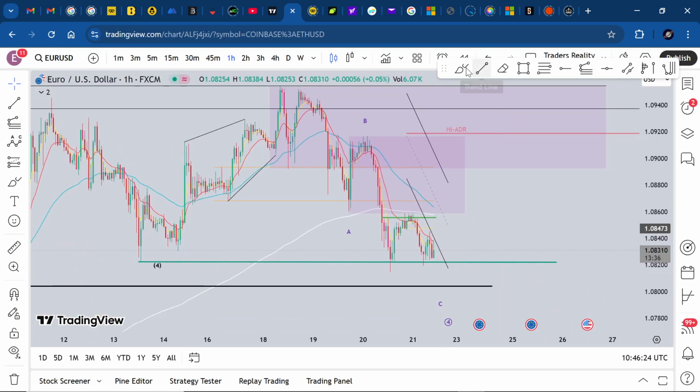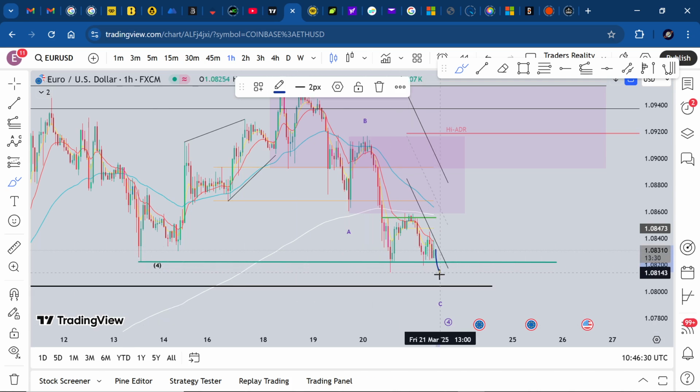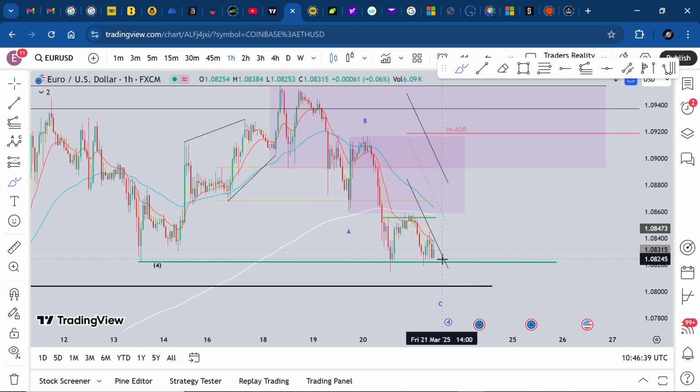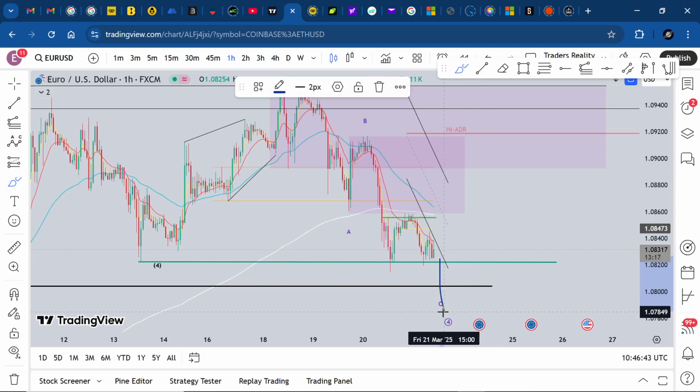And it's a simple thing as this, that we got the fractal break to the downside, so we could be looking for sells. But Elliott Wave tells me we're getting something like this. I would rather look for the buys, unless we get priced down here like this, then I'll look for sells.